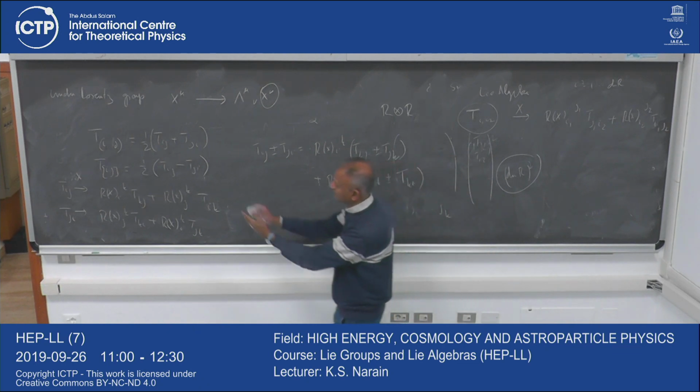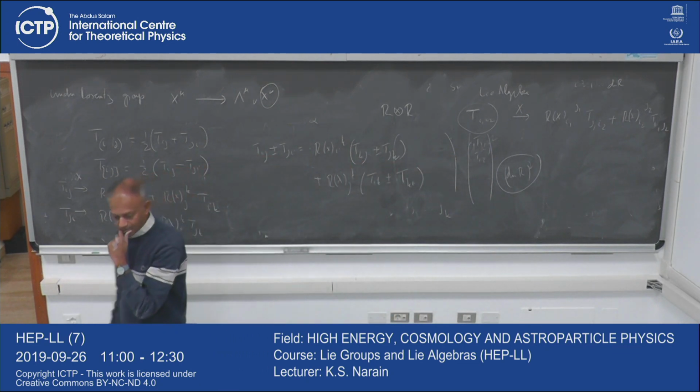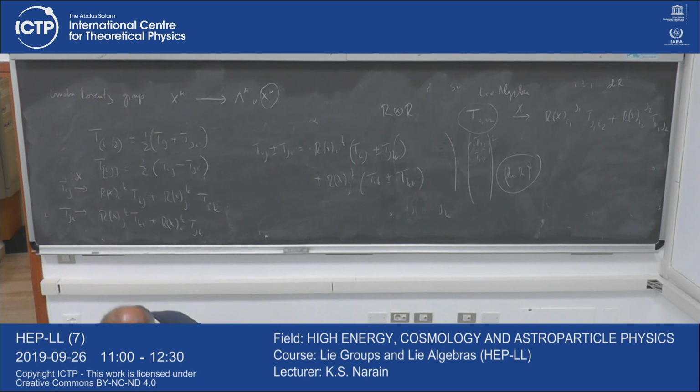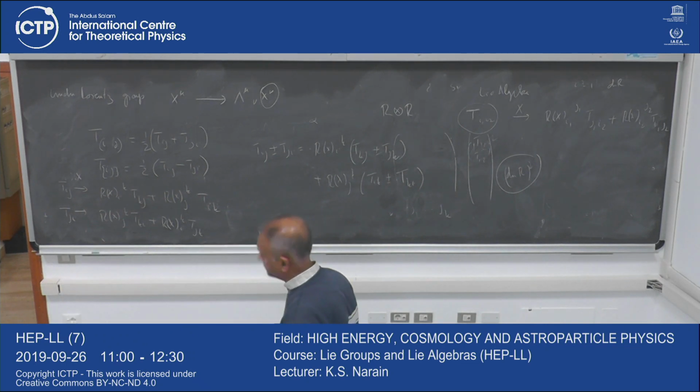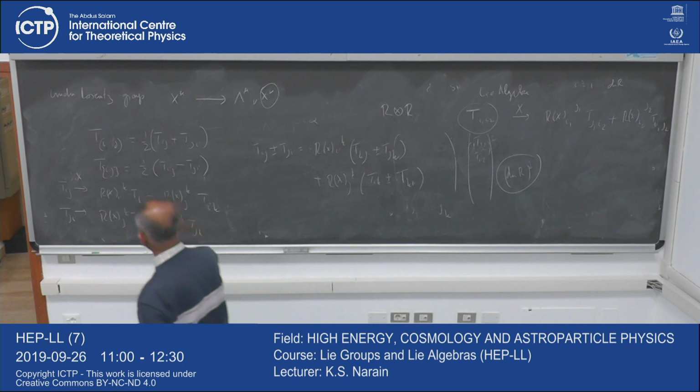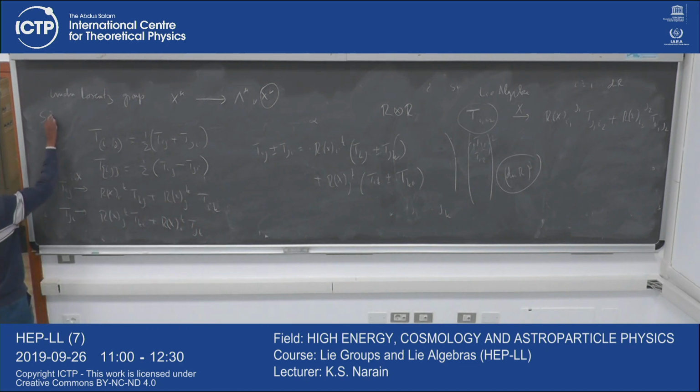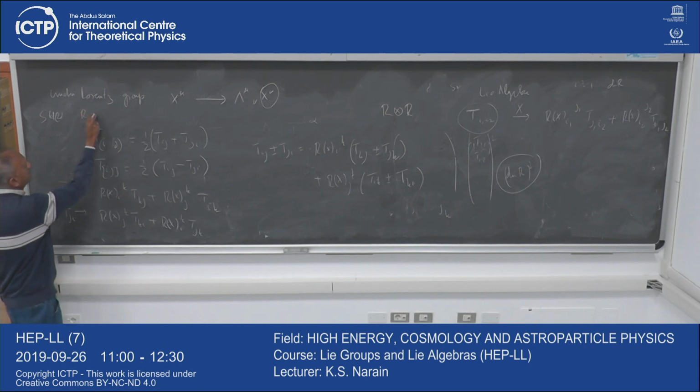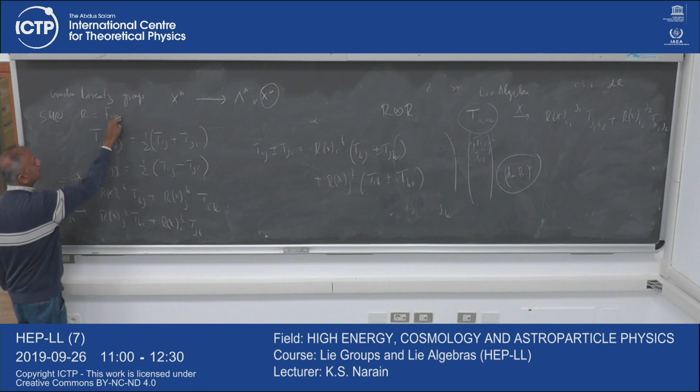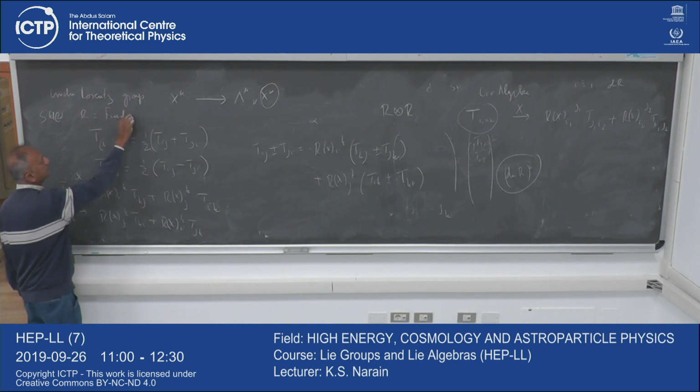So already we have these two invariant subspaces, symmetric and antisymmetric. Let's take the example of SU2, where I take this representation R to be the fundamental representation, the spin half representation.